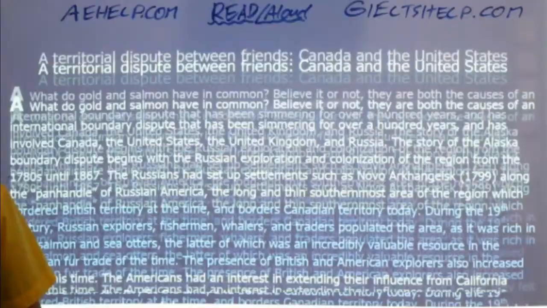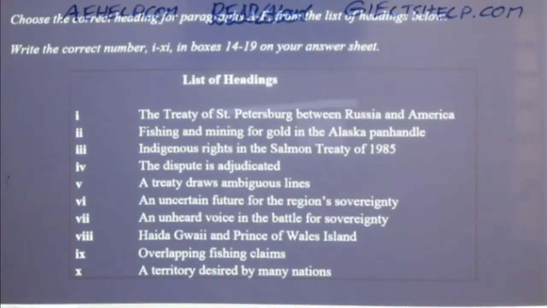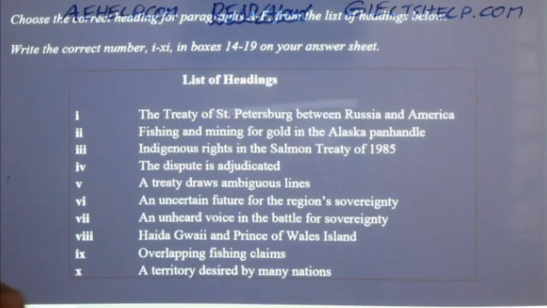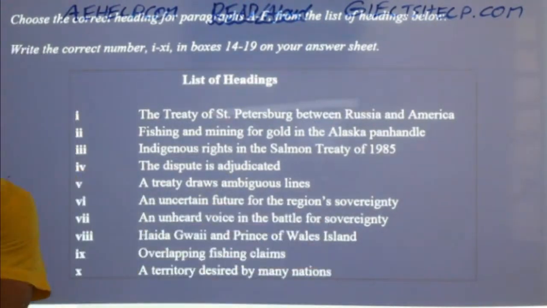Let's take a look and see which one of these matches the closest. Okay, so which one of these? Hassan, if you think it's about an unclear future for the region because there's no treaty in place, nobody knows where they should and should not be fishing, which one do you think is the best answer? Nick Hill and Lydia both say, well, according to what Hassan said, I think it's number 6, an uncertain future for the region's sovereignty.